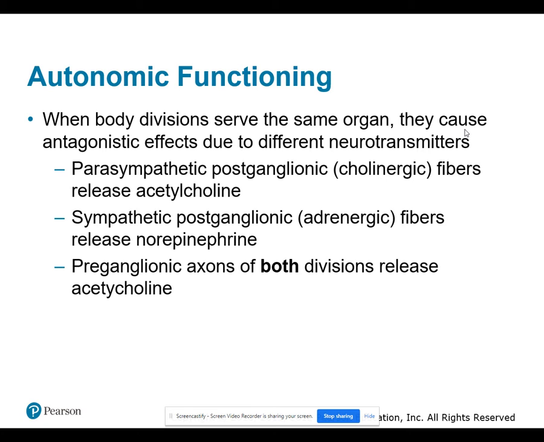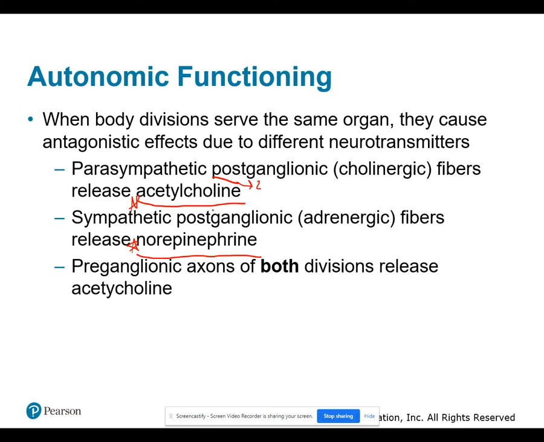The parasympathetic postganglionic fibers, and post means the second one, are sometimes called cholinergic fibers, and they release the neurotransmitter acetylcholine. Whereas the sympathetic postganglionic fibers are called adrenergic fibers because they release a different chemical, norepinephrine.